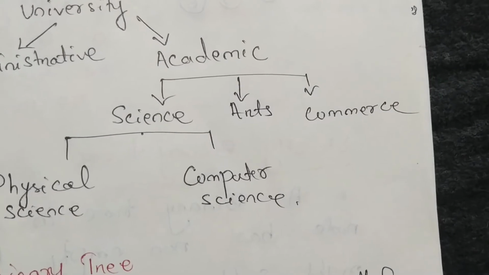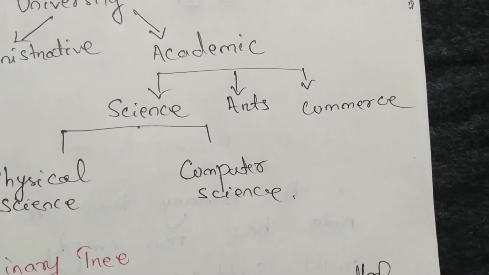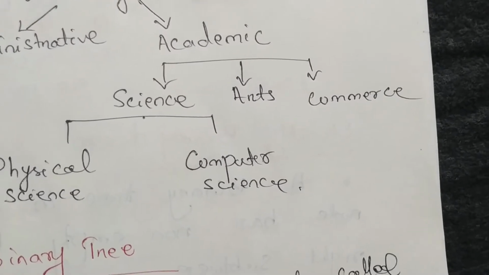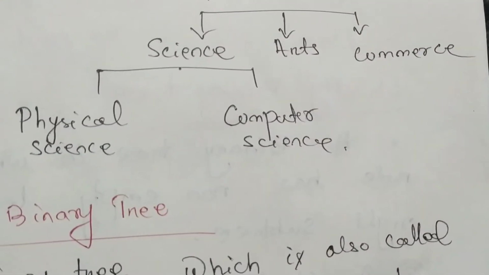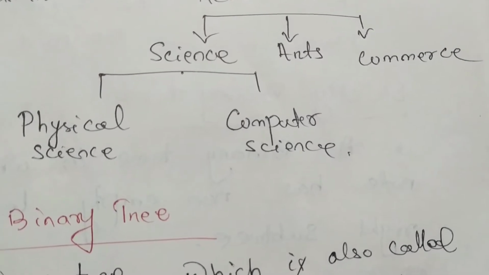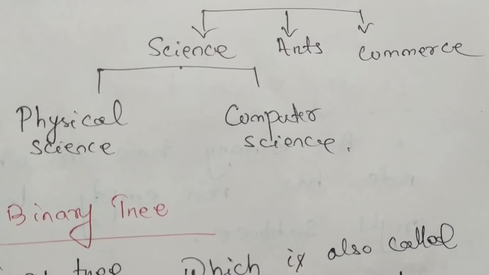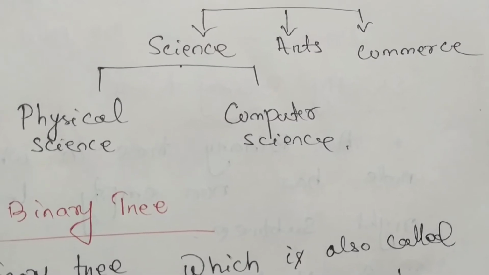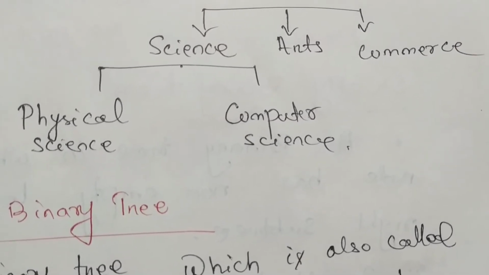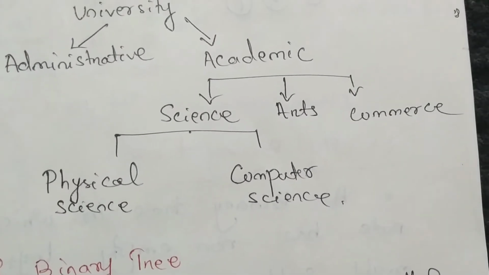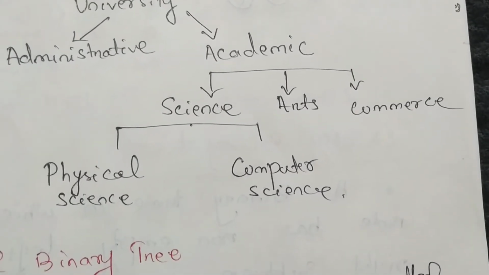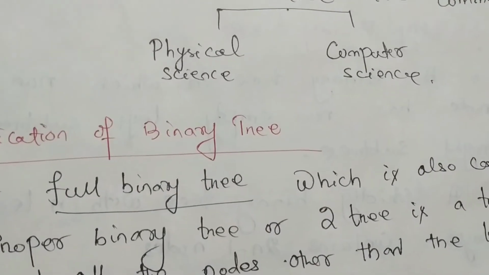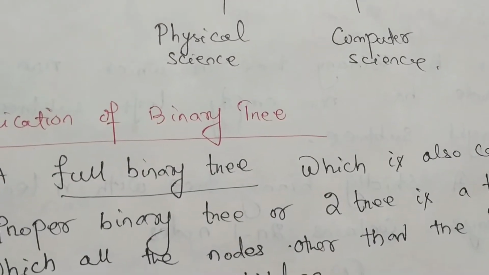Science has 2 children, physical science and computer science, so science is a non-terminal node. Arts and commerce are terminal nodes because they are not divided further. Physical science and computer science are also terminal nodes, and all the terminal nodes are also called leaf nodes in a tree. Hope you have understood. Then we see the different applications of binary tree.